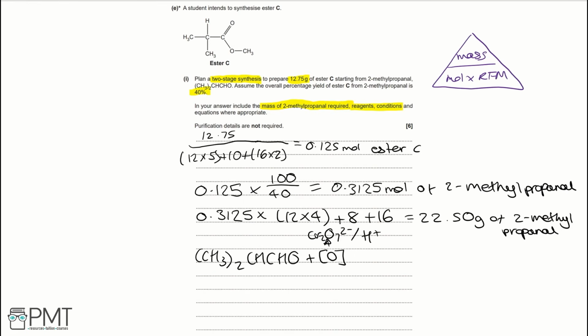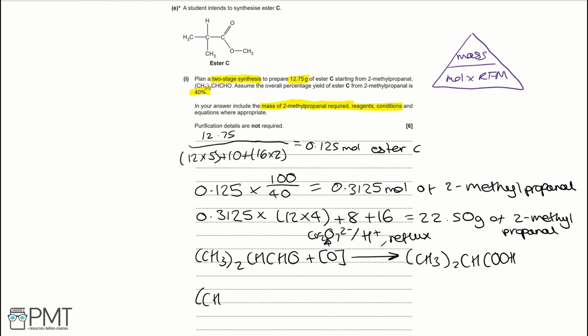They're going to be acidified, so we need to write H+, and we're going to reflux. Then we're going to produce our carboxylic acid. We're going to produce (CH3)2CHCOOH.